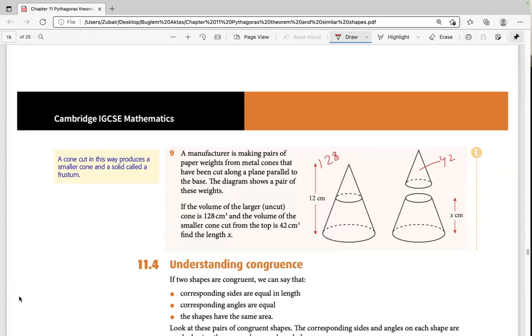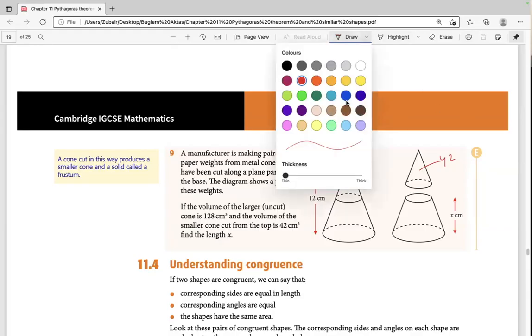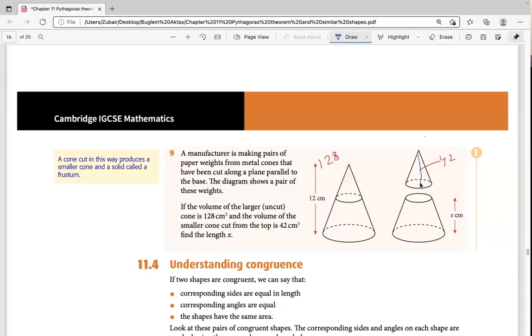Should we first find the cut part of 12? Very, very good. So we will first go with this 42 and find this height. Let us name that y. So we know we are dealing with volume.